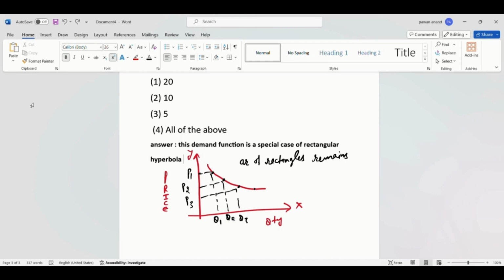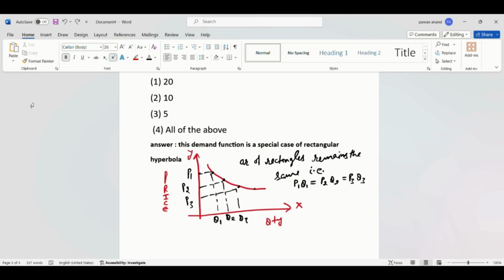This is the property of this rectangular hyperbola, and the area of all the rectangles drawn like this will be the same, that is P1 Q1 equals P2 Q2 equals P3 Q3.